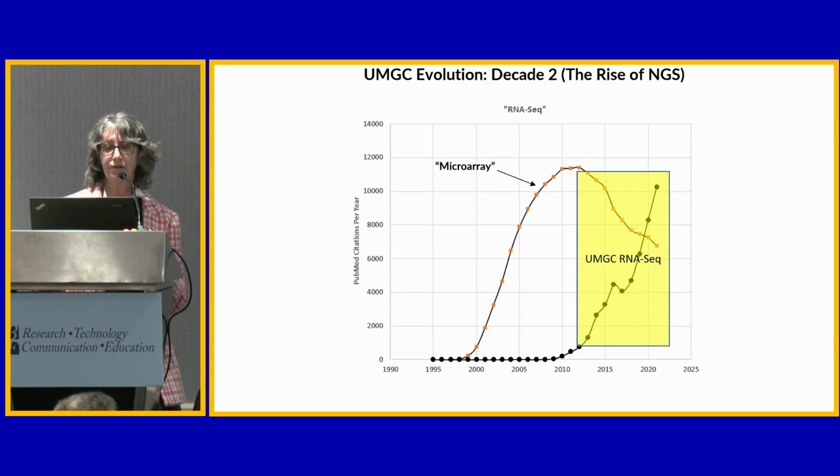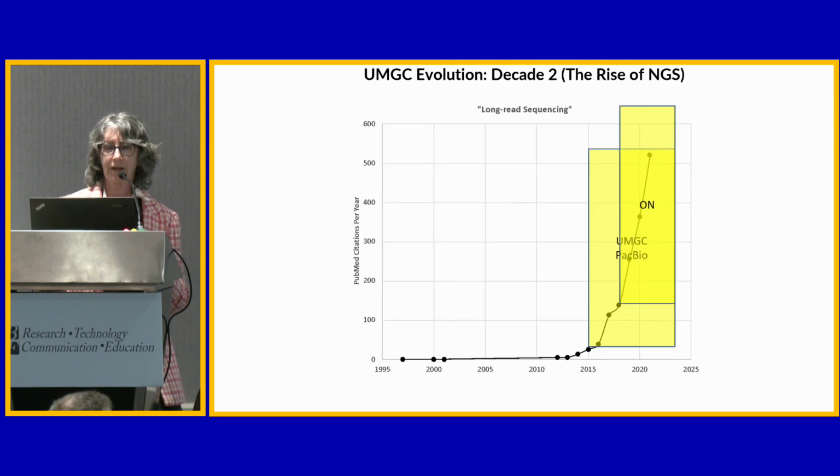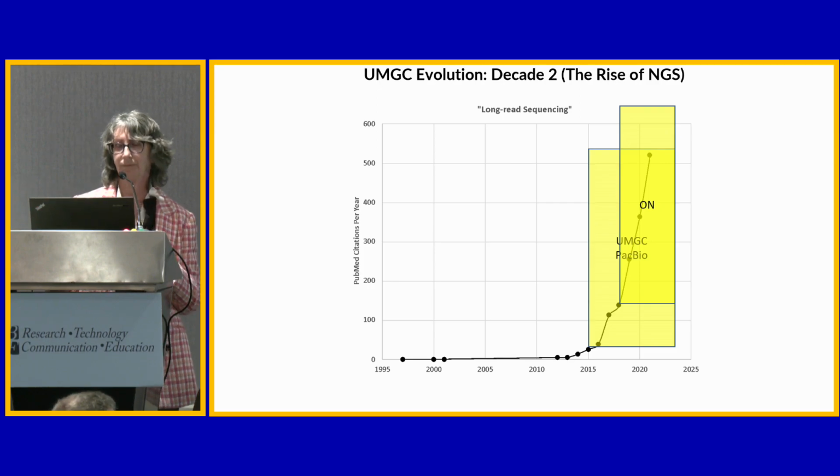And this is an interesting one, by the way. They got involved right about the time that they were thinking about phasing out the microarrays, because next generation sequencing functionally replaced microarrays as a technique. And then more recently, we're looking at long read sequencing, so jumping in on the early stage on that as well.